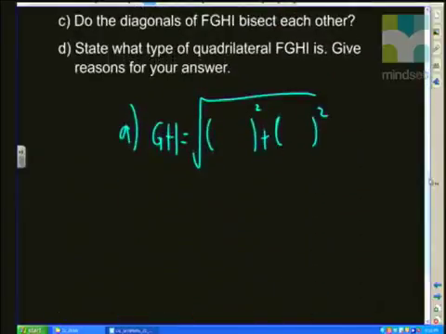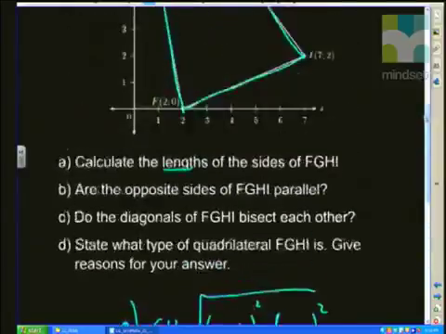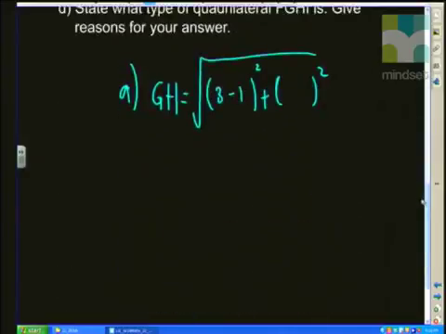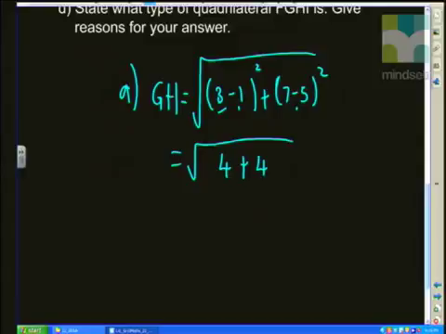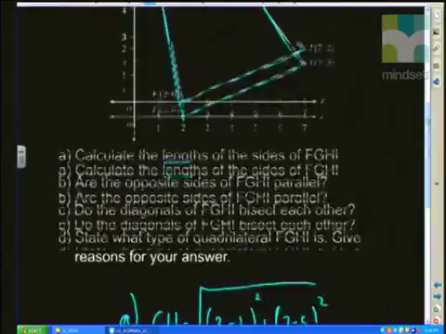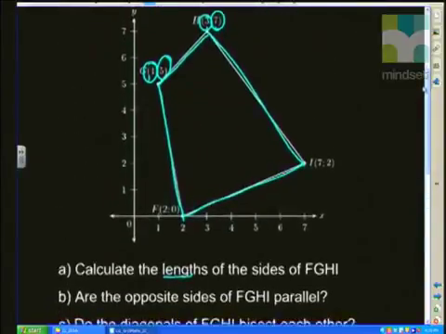So it's going to be 3 minus 1 squared plus 7 minus 5 squared. 3 minus 1 is 2, 2 squared is 4, plus 7 minus 5 is 2, 2 squared is 4. So this is going to give me root of 8.